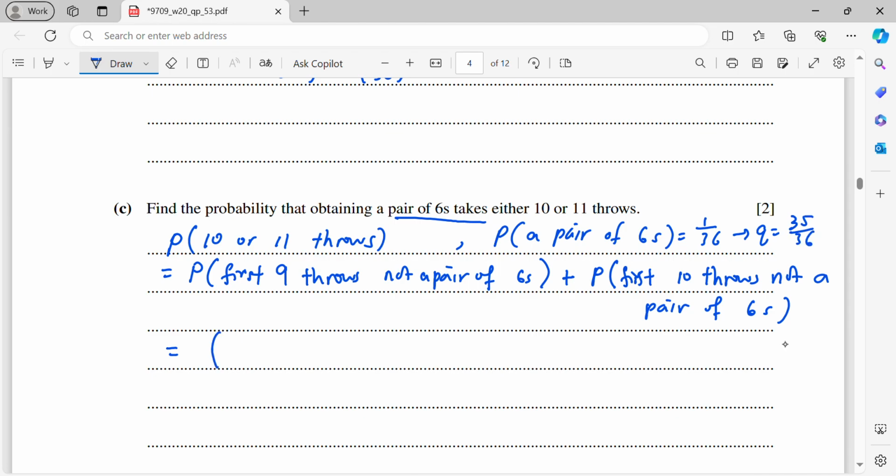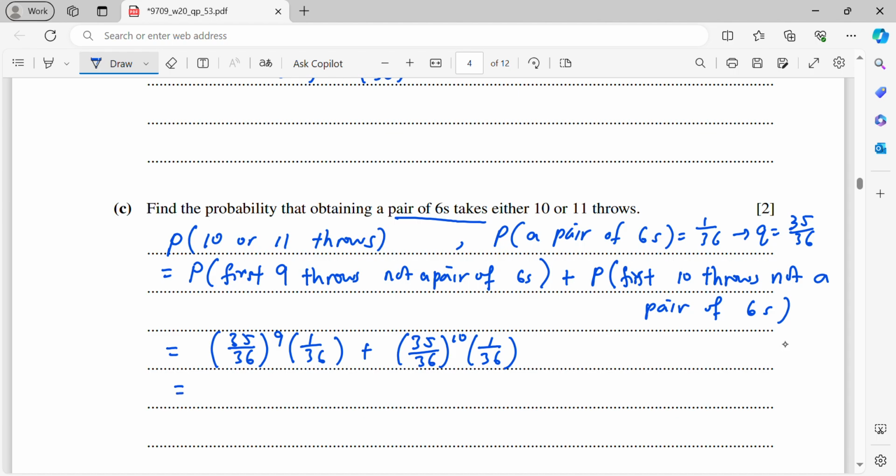So from here, I will get the first 9 will be 35 over 36, and then the last one is 1 over 36. Or the first 10 with 35 over 36 probability, and then the last one is 1 over 36.